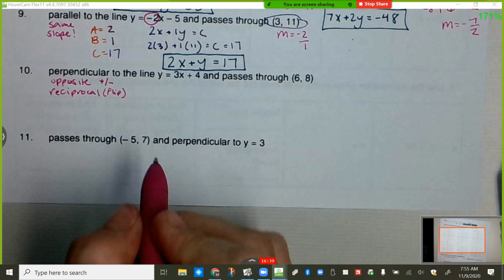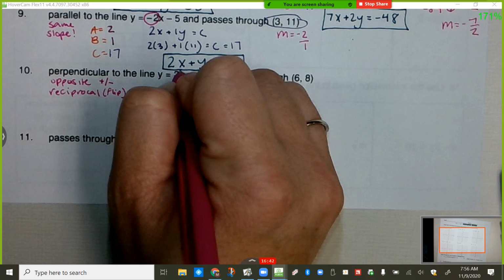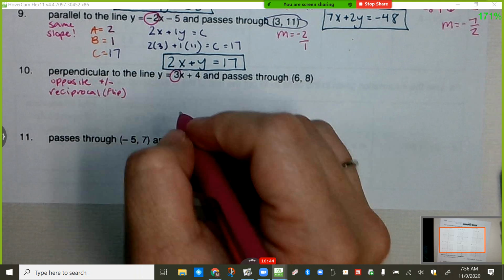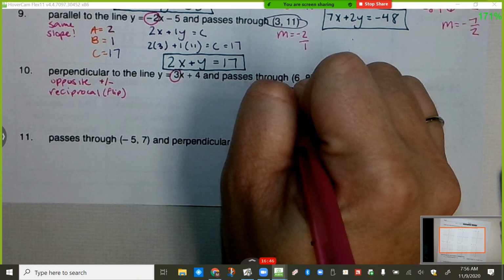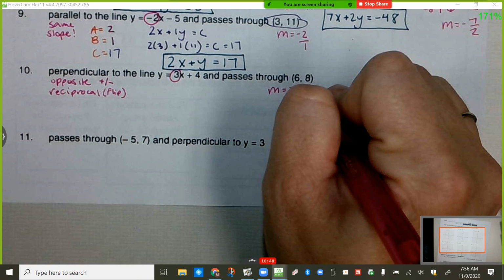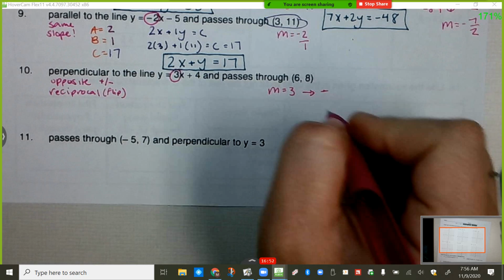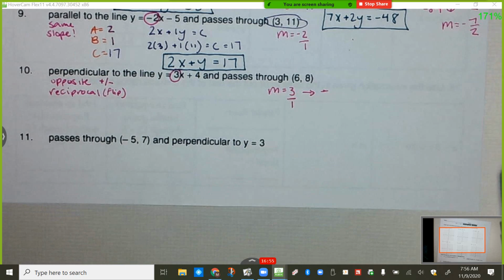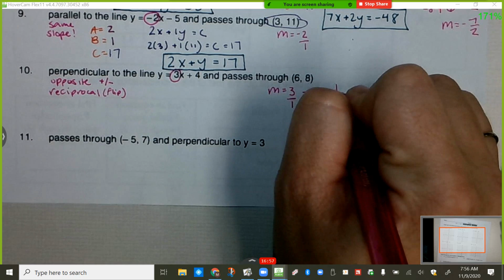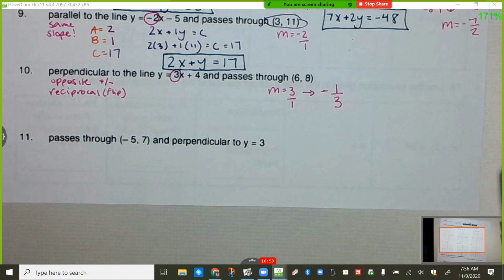Okay, so my slope here, this is in slope-intercept form, so I have 3 as my slope. Now that's a positive 3, so I want you to realize when I find the opposite reciprocal, what does it become? Negative. And if I wrote this as a fraction, it'd be 3 over 1, so if I flip it, it becomes negative 1 over 3. So my slope is negative 1 over 3.